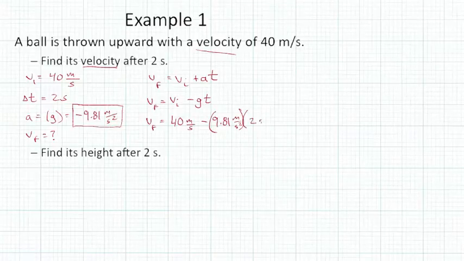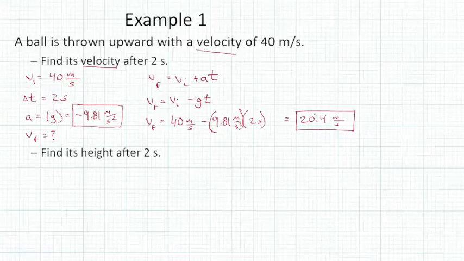So if we punch all that into our calculator, our final velocity is going to be 20.4 meters per second. So it was thrown upwards with this velocity, but since gravity is constantly tugging on it in the opposite direction, it's going to slow it down. So after 2 seconds, it will slow down to 20.4 meters per second.